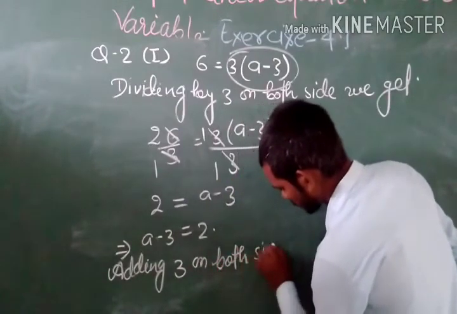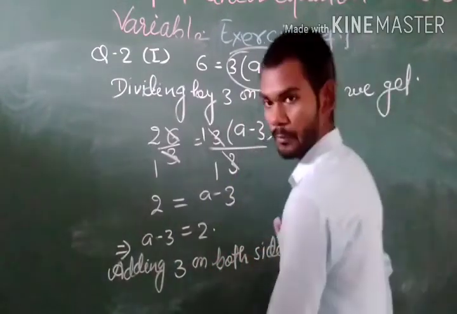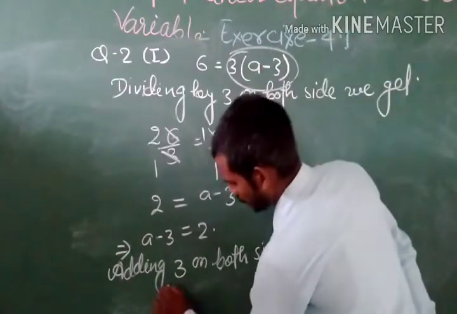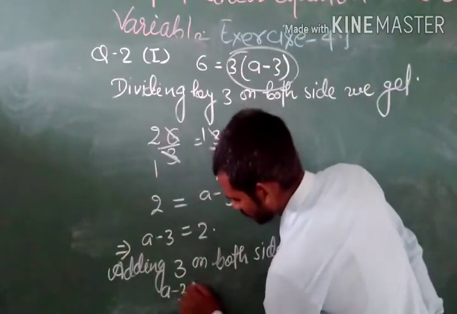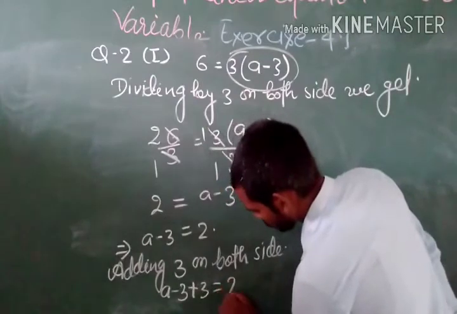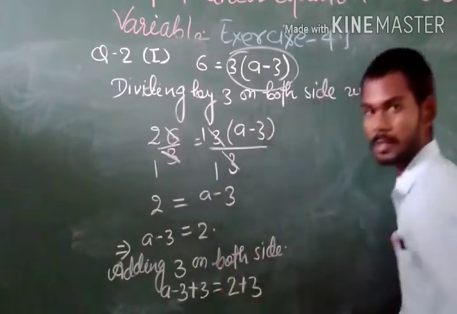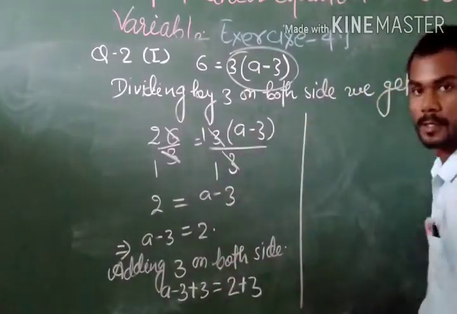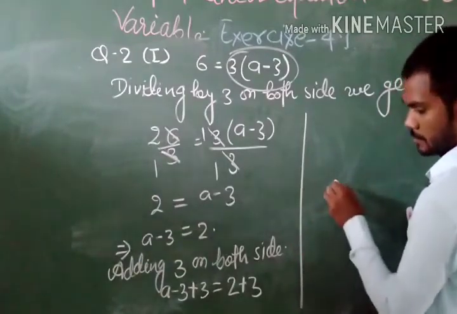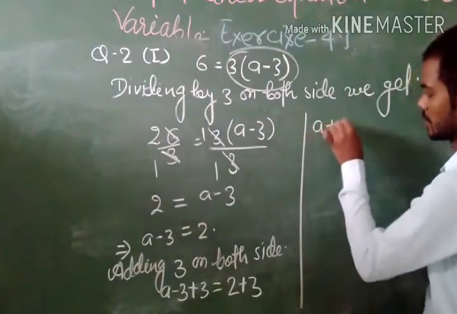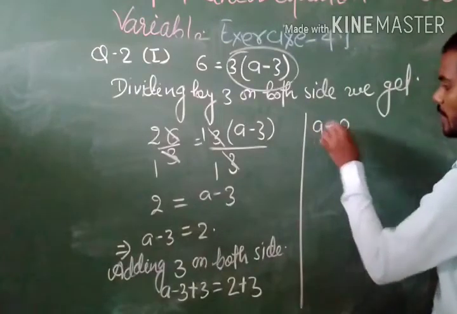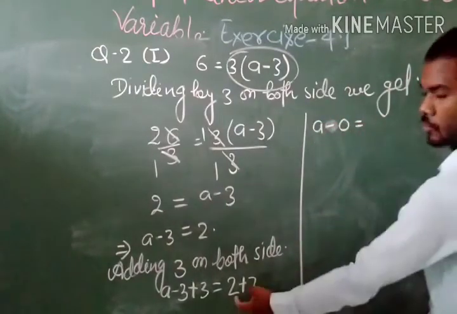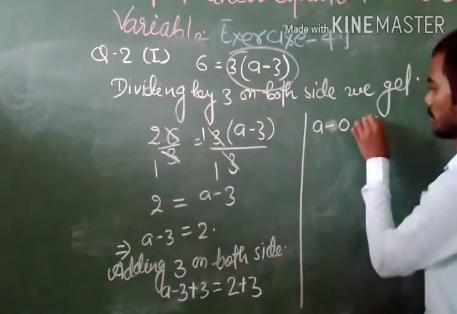On both sides, we get a minus 3 plus 3 is equal to 2 plus 3. We get a plus 0 is equal to 2 plus 3, which is 5.